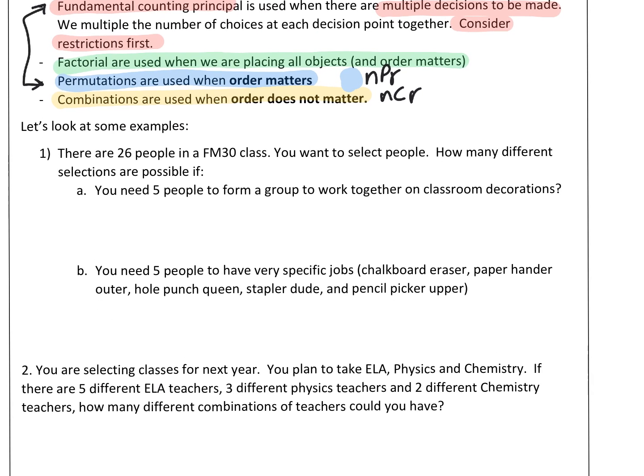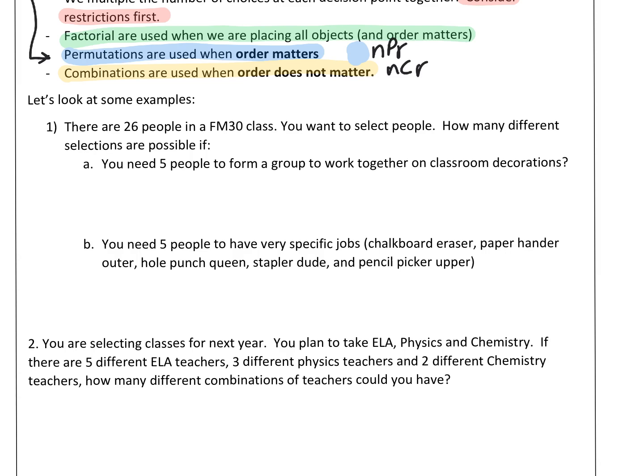The first one says there are 26 people in a FM30 class. You want to select people. How many different selections are possible if you need 5 people to form a group to work together on classroom decorations? So you ask yourself, does it matter what order I select the people in, right? So do they have specific jobs? No, they're just all going to be decorating the classroom.